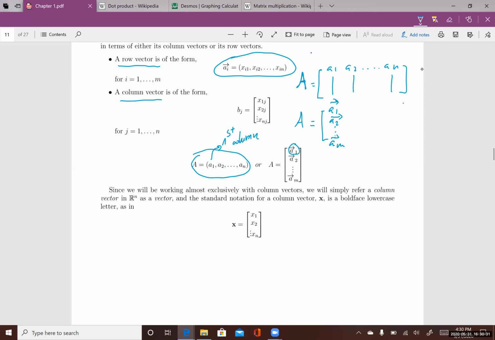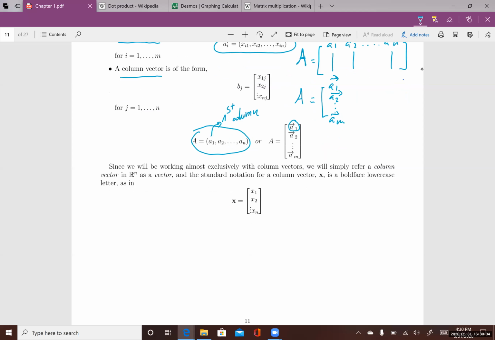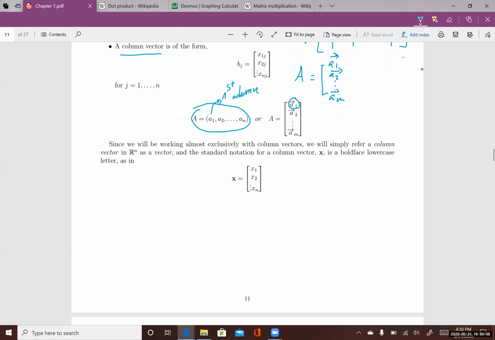Okay, so since we will be working with column vectors exclusively, we'll refer to a column vector in Rn as a vector, and the standard notation for a column vector is a bold-faced lowercase letter, let's say x. So for example, if x is a column vector, then we use bold-faced lowercase x to represent it.